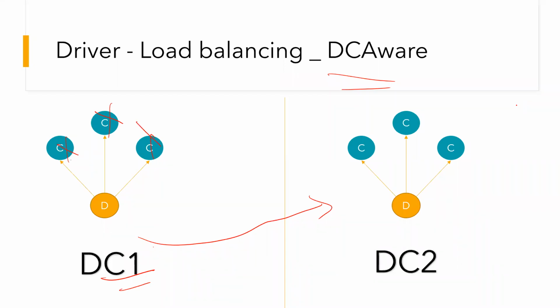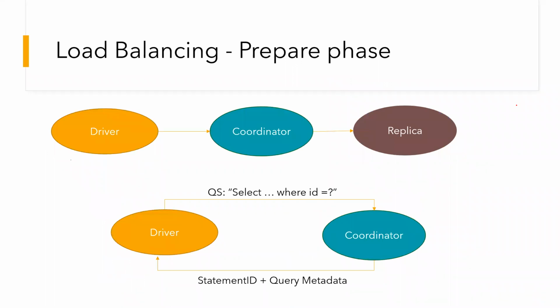Okay. Thank you. So while preparing this request response, there is a prepare phase where it first goes to the coordinator with the query that it is trying to send, and it receives a statement ID and metadata with respect to that statement ID, which includes the partition key for the query that the driver is requesting.